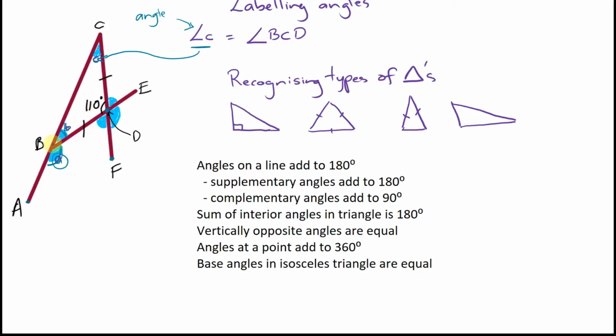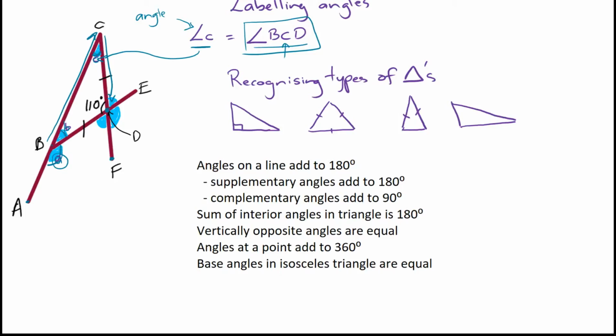So what you do is you start at B, you go to C, and then to D, and the angle is this angle in here. So where we've labelled the angle, that middle letter is where the actual angle is, the position of the angle. So you need to label your angles like this.